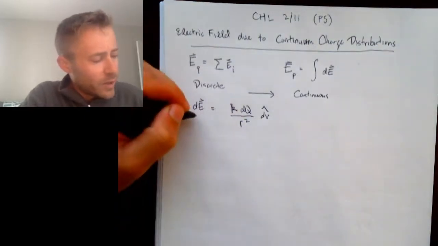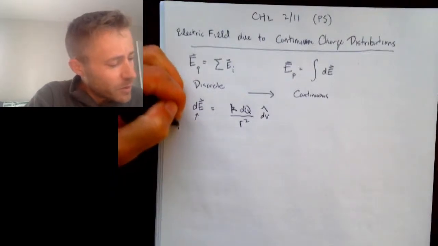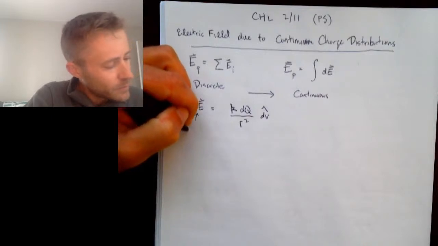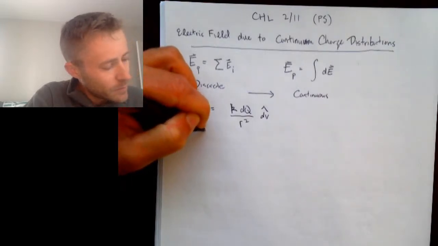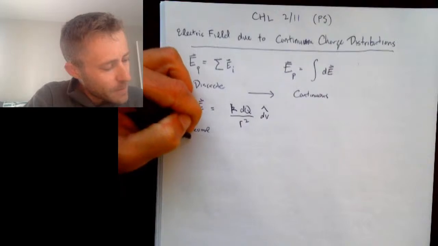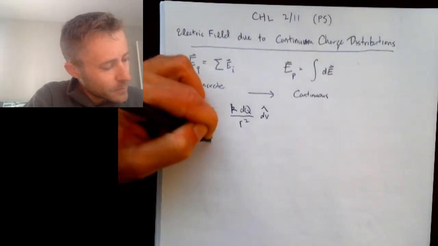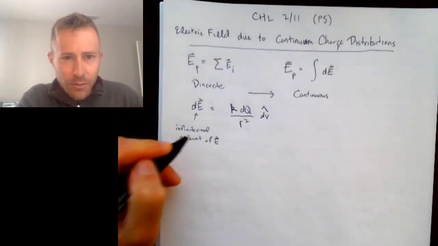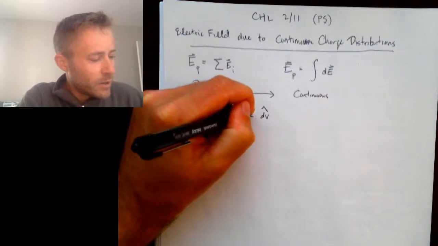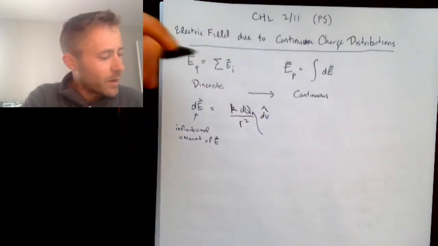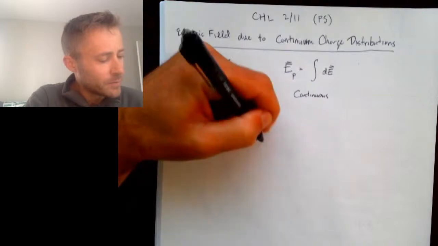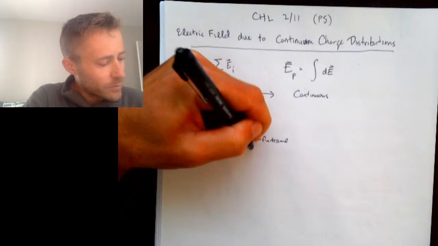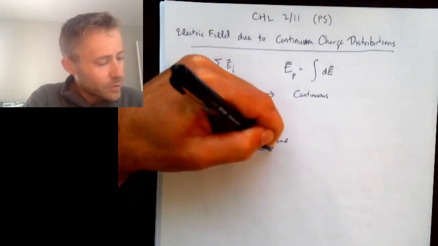So what this says is this is an infinitesimal amount of electric field, and we can see that this infinitesimal amount of electric field is caused by an infinitesimal amount of charge.